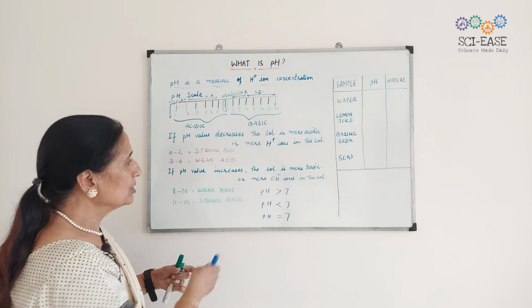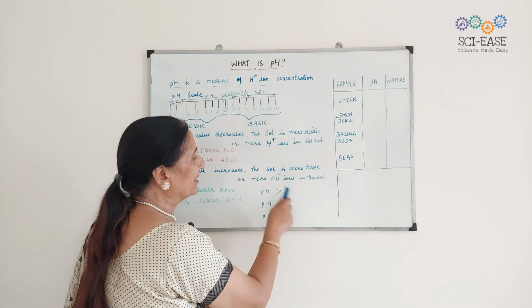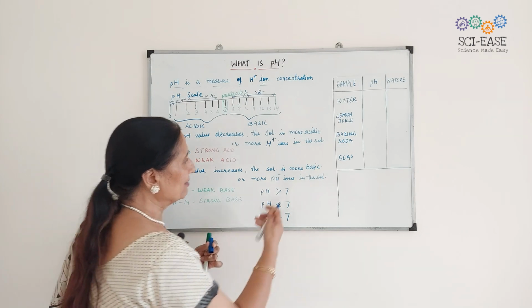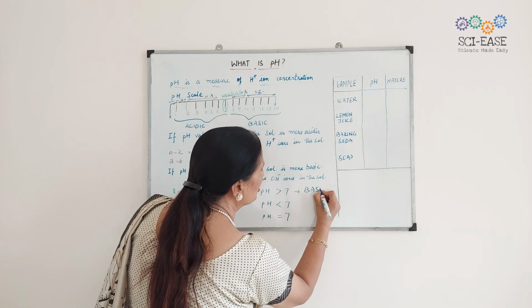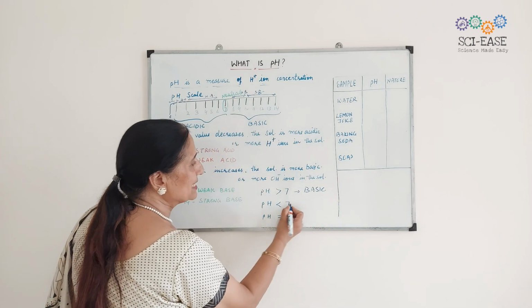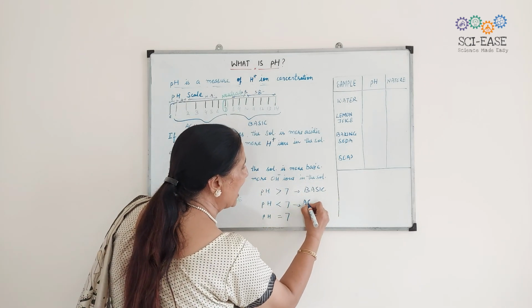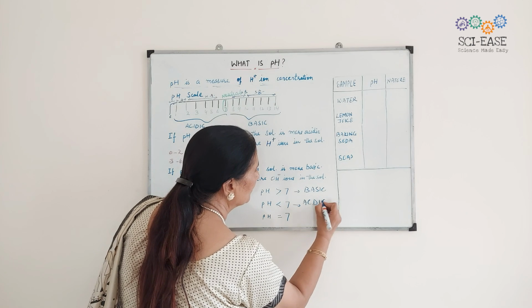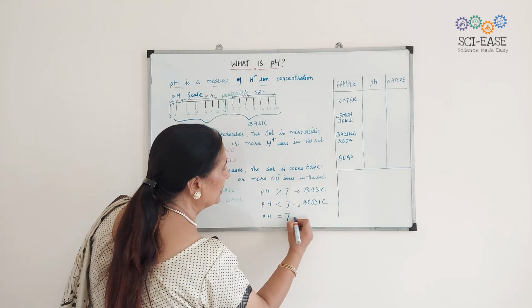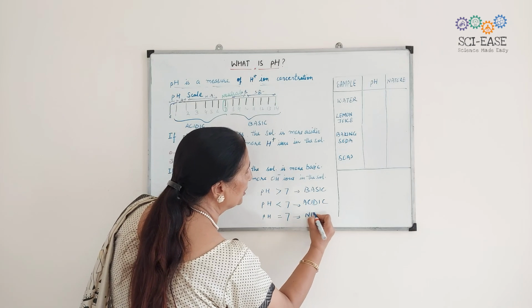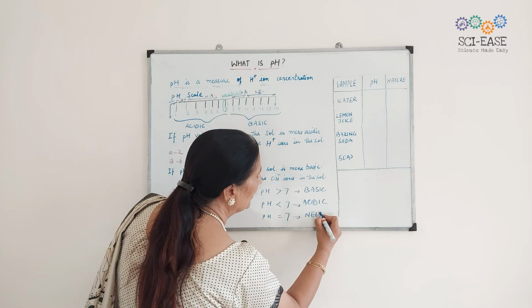So we can deduce that if pH is greater than 7, then the solution is basic. If it is less than 7, the solution is acidic. And if it is equal to 7, then it is neutral.